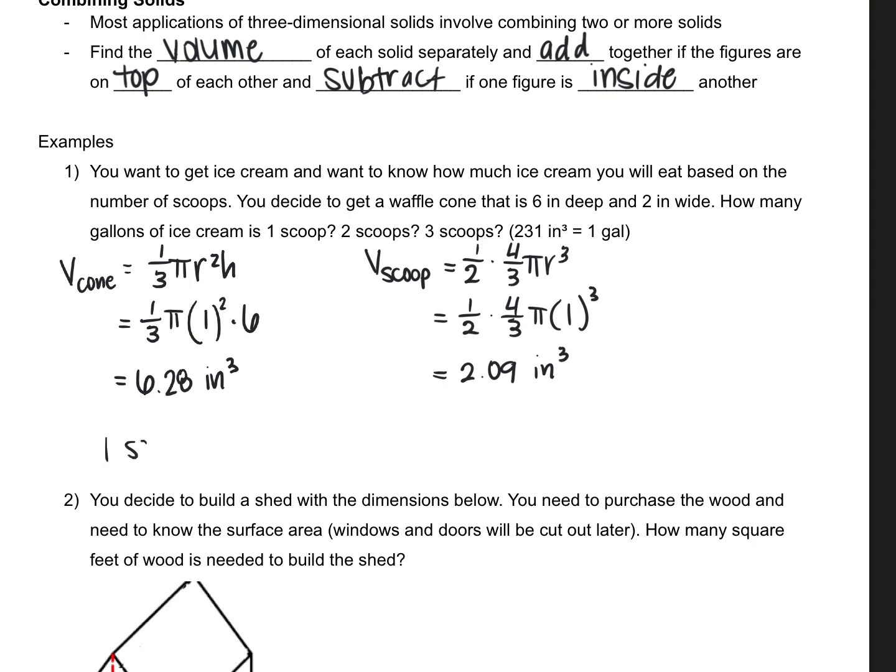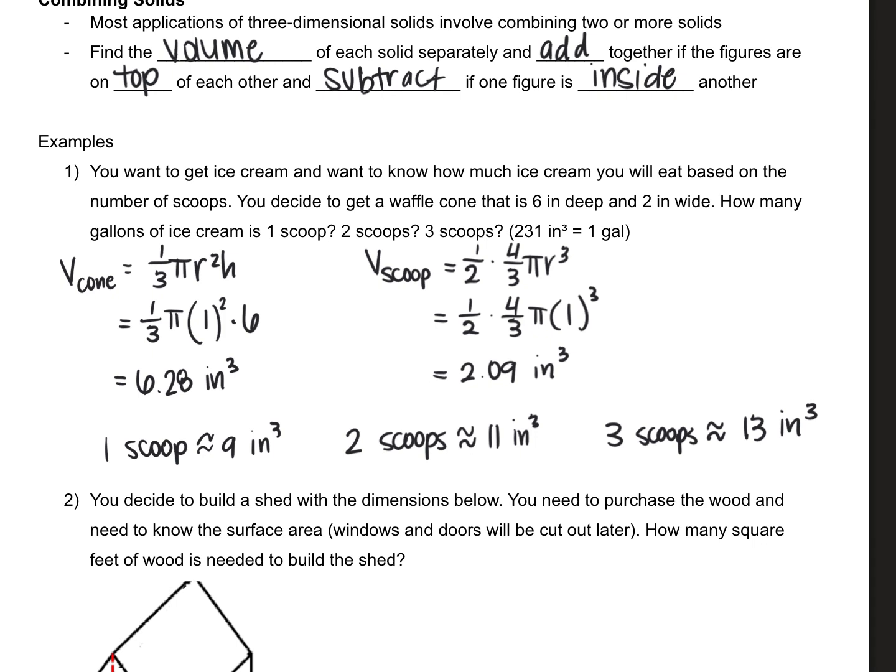So that means for 1 scoop of ice cream, you add them together, 6.28 plus 2.09, you get about 9 inches cubed. 2 scoops, you just add another 2.09, so that gets you about 11 inches cubed, and then 3 scoops, add another, and you get about 13 inches cubed.